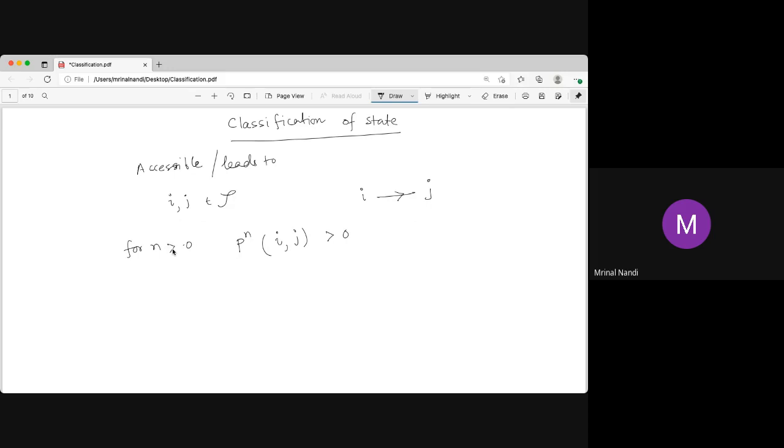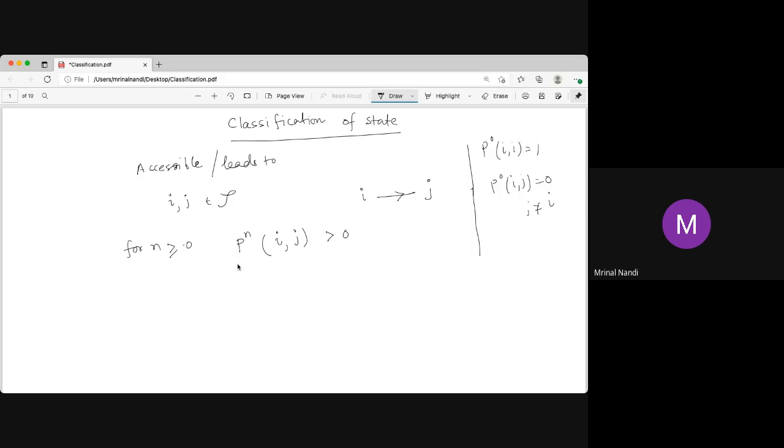After 0 steps I go to i, it is just 1. Now, if i is not equal to j, then n equal to 0 will give 0, right? What I am saying is that p0(i,i) is 1, but p0(i,j), with j not equal to i, is obviously 0. In 0 steps you can't go from i to j. So n equal to 0 is a special case.